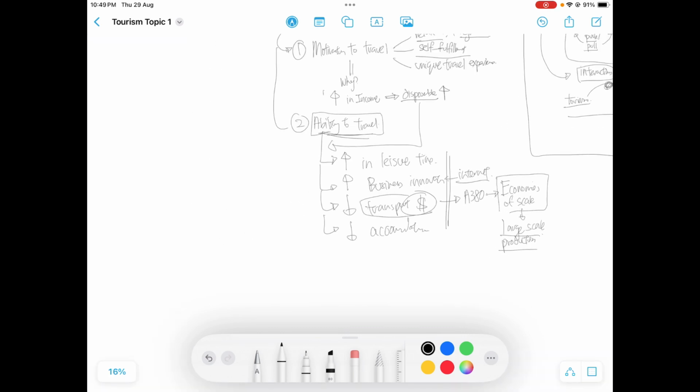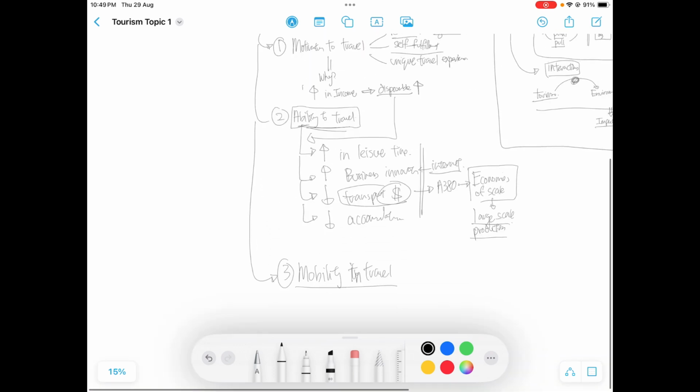So next, we look at the third point, which is mobility to travel. For mobility in travel, it can be due to a few factors.